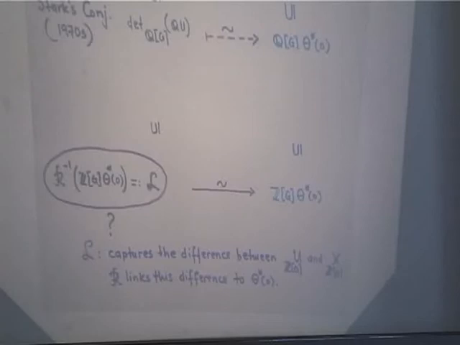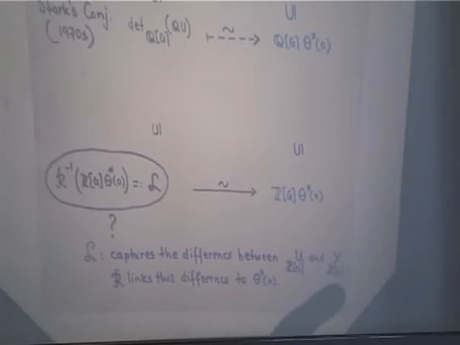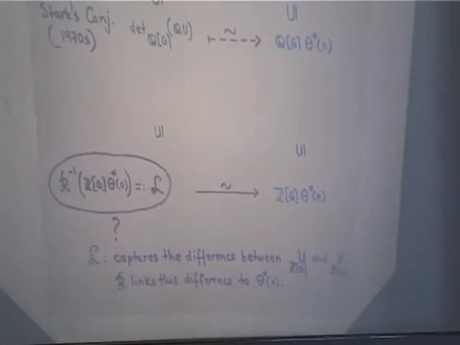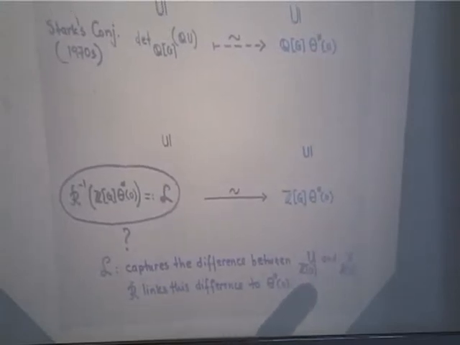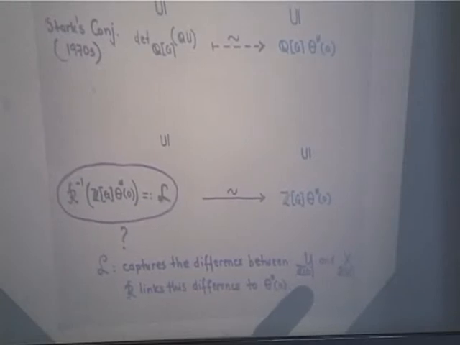Okay? So what does L do? I'm just going to try to explain to you how we are trying to study this lattice L. What does L do, in fact? Well, what it does is it captures the difference between this well-understood Z bracket G module, which is X, these are the divisors of degree 0 supported by S, and this not so very well understood module over Z bracket G, which is the group of S,T units.